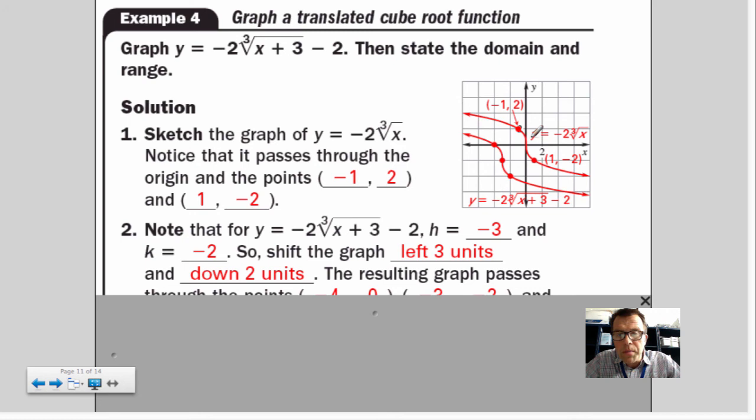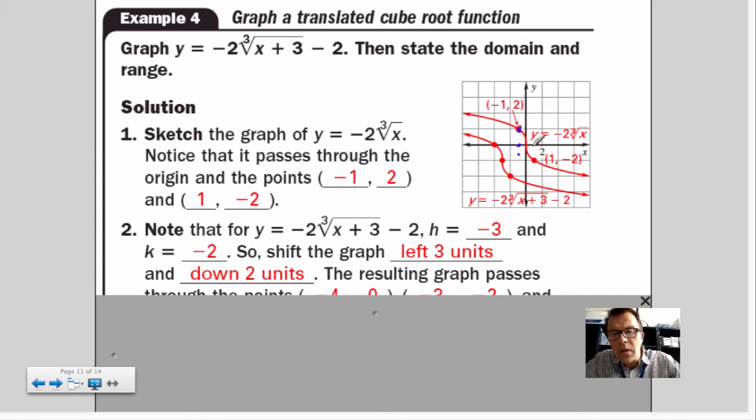So here's your parent graph, right? And so the parent graph, again, this isn't the parent graph. This is the parent graph. They do it in steps, which I think is a wise move, right? They flipped it and put the -2. So they're here now, right? And this scale is at 2. So when you go to -1, you should be down at -1, but we flipped it and we multiplied by 2.